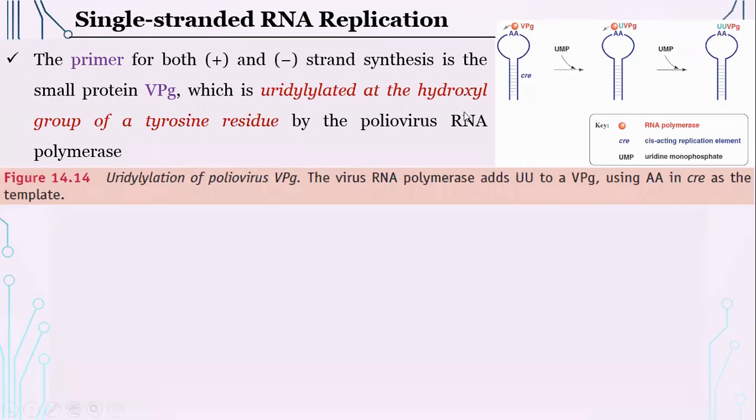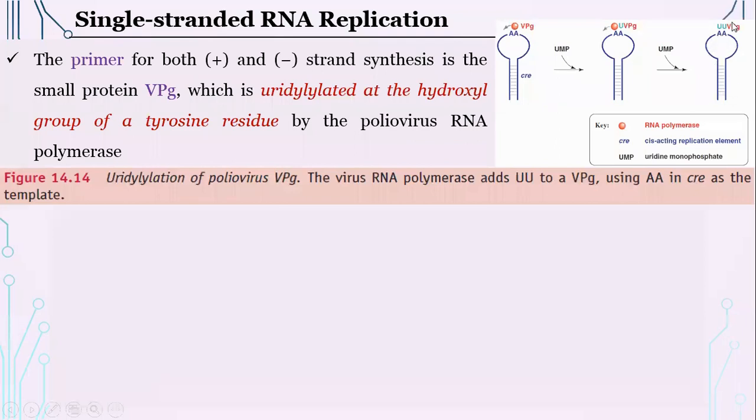So uridylation, and this is common in poliovirus RNA polymerase. By poliovirus RNA polymerase, it will occur. It can occur in polioviruses. Uridylation of poliovirus viral genome linked protein, and the virus RNA polymerase adds UU to a VPG using AA in the CRE as the template. So this CRE is cis-acting replication element, this one.